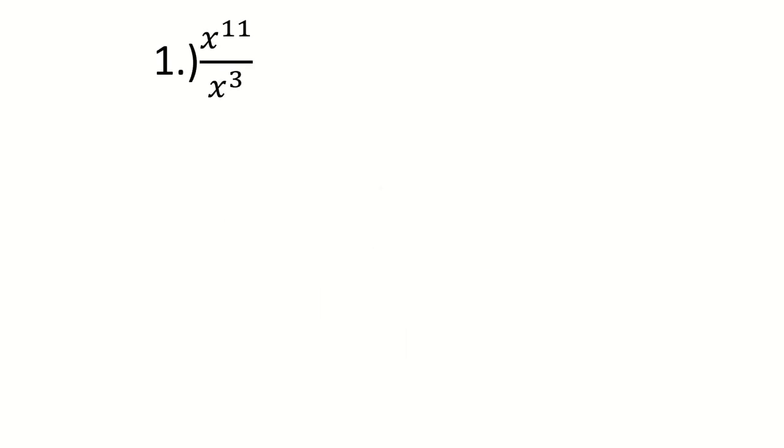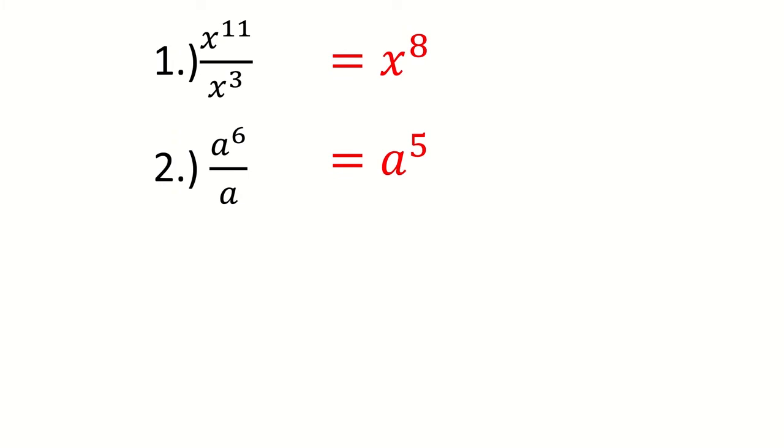Number 1: what is x to the power of 11 divided by x cubed? Okay, that's correct, x to the power of 8. How about a to the power of 6 divided by a? Okay, that's correct. The answer is a to the power of 5.